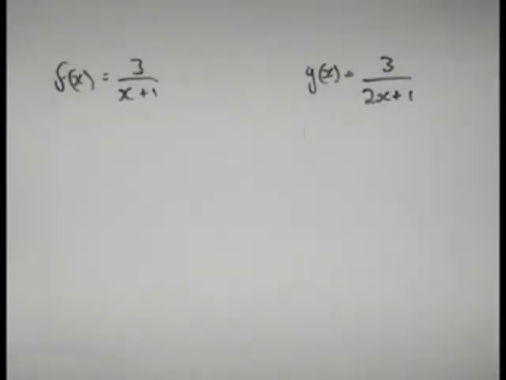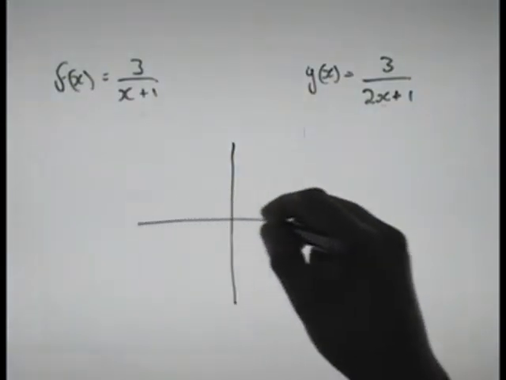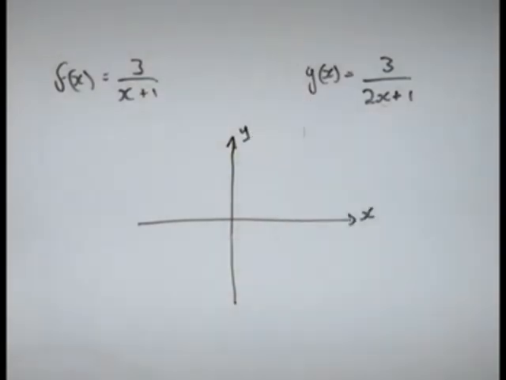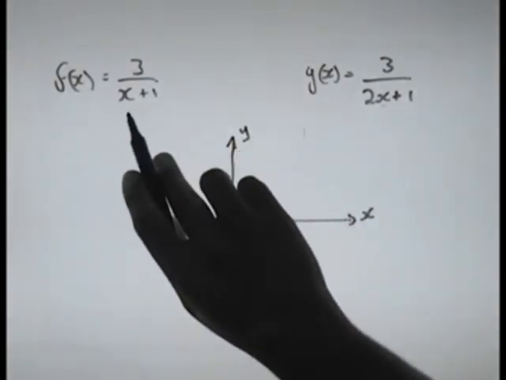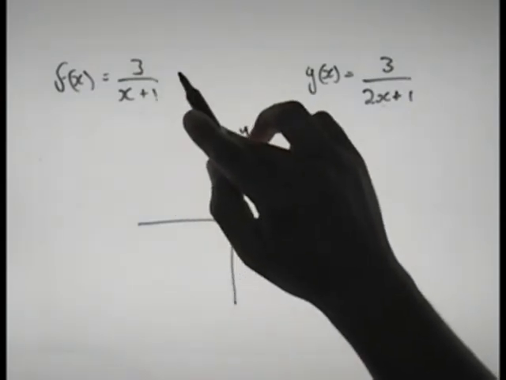The next graph we are looking at is f of x equals 3 over x plus 1 and g of x equals 3 over 2x plus 1. I'm not going to draw this one using the table method. I'm going to draw this one using logic. Now, what's happened? We've got a hyperbola, a fraction graph.